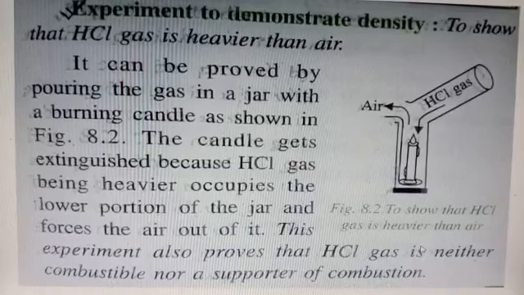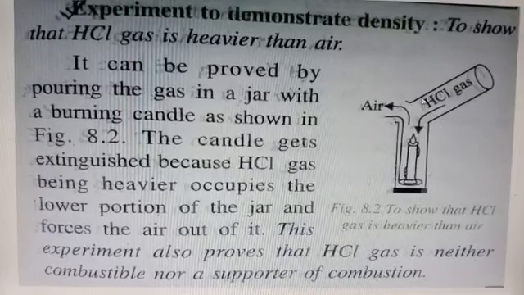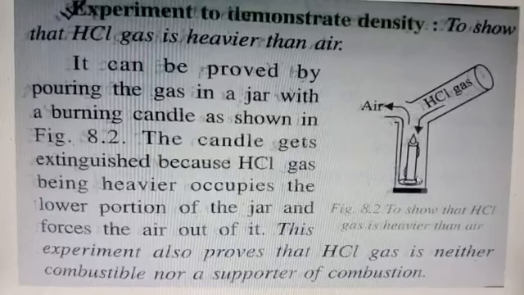This can also be proved by this experiment. So how to prove that hydrogen chloride gas is heavier than air? Pass hydrogen chloride gas through the jar containing a burning candle, and the burning candle extinguishes, because hydrogen chloride gas will be occupying the lower portion of the jar and air will be escaping out.